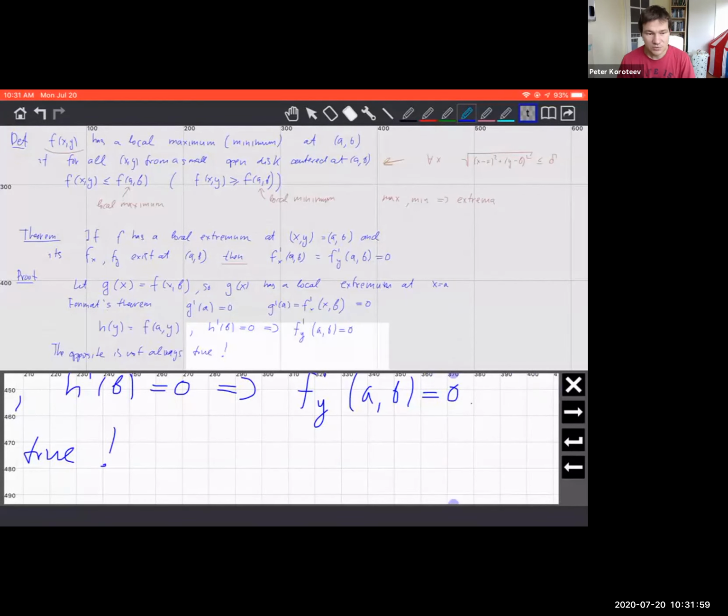We already had some surfaces previously, right? When we talked about quadratic surfaces, we had some examples where both derivatives would vanish at the point, but it's not an extremum.